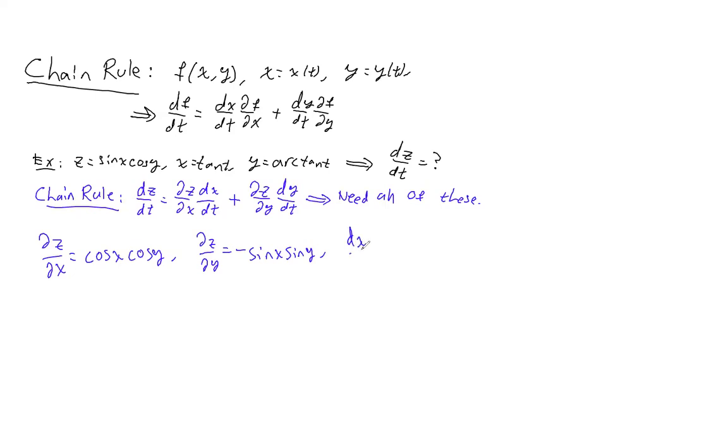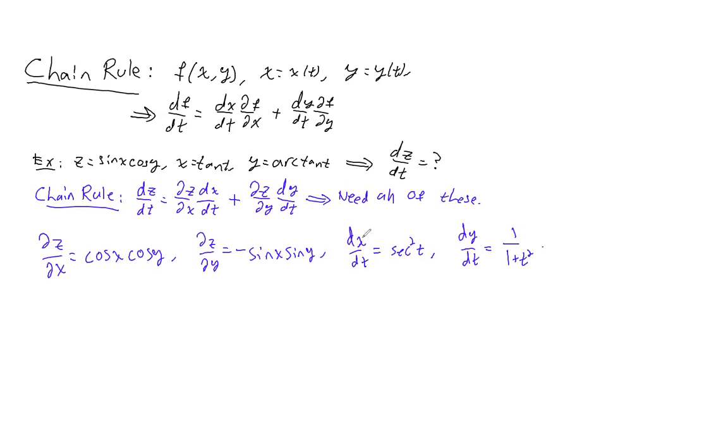We also need to know dx/dt. dx/dt is going to be secant squared t, since the derivative of tangent is secant squared. That's a simple quotient rule. And then dy/dt, this is one of those things you just kind of have to know. You differentiate arctangent of t, and you get 1 over 1 plus t squared.